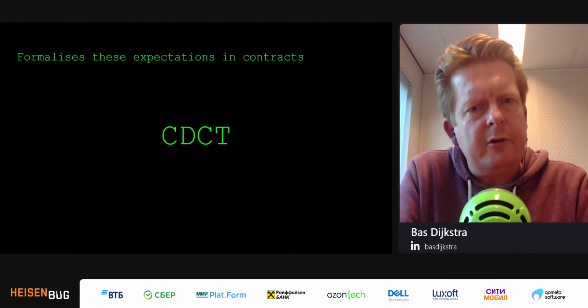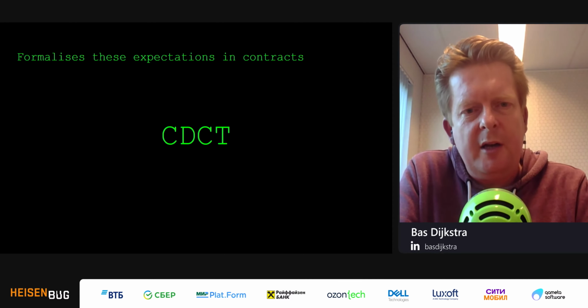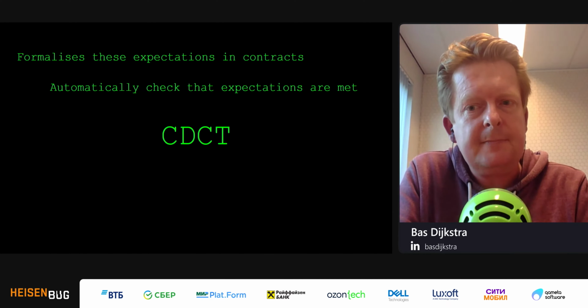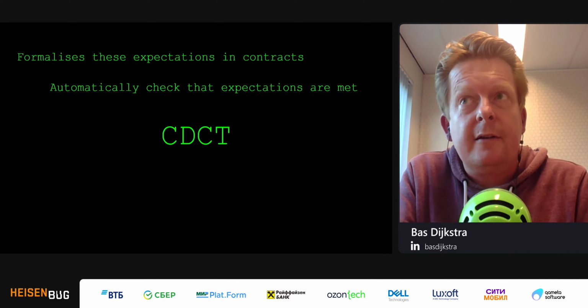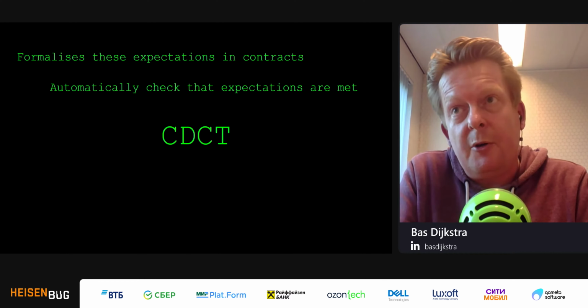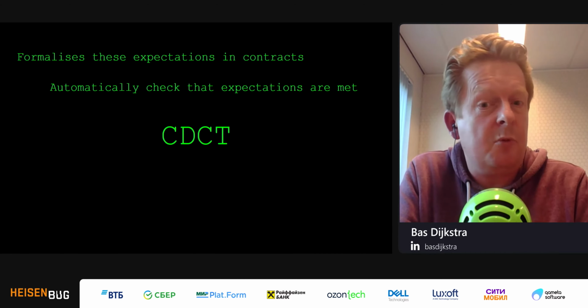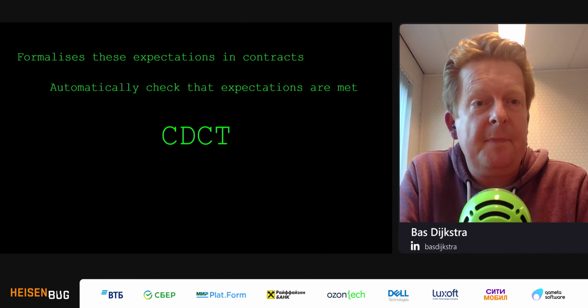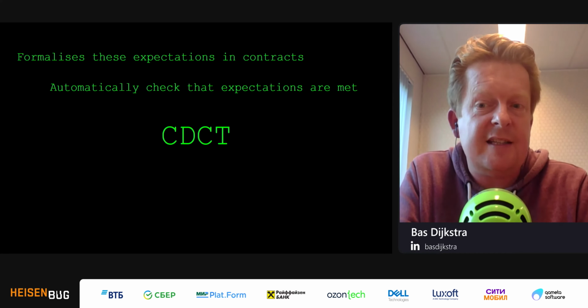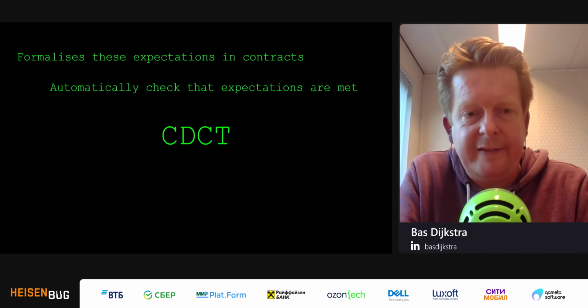Consumer-driven contract testing works by formalizing these expectations in contracts. There are tools available, and we're going to look at one of the most popular of these tools in this workshop. These tools can help you to automatically check that these expectations are met.